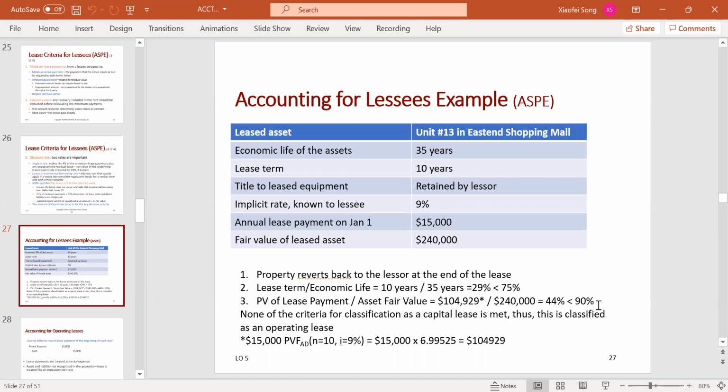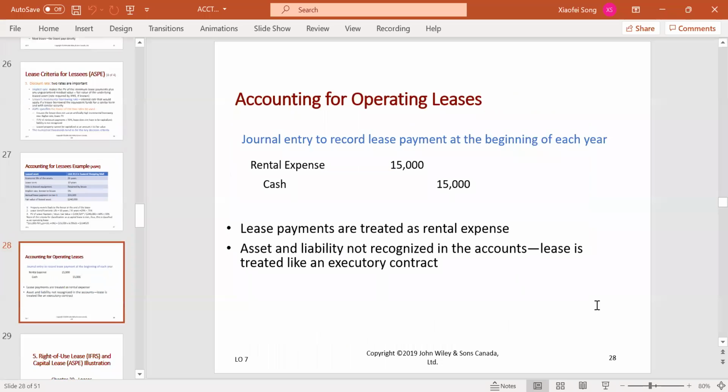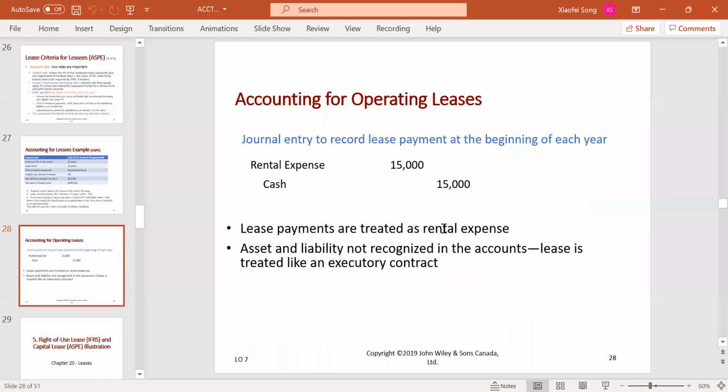Nothing needs to be on the balance sheet, not capitalized. The lessee's accounting is that every year it will record the rental expense of $15,000, with nothing on the balance sheet. So this is off balance sheet financing at work, right?